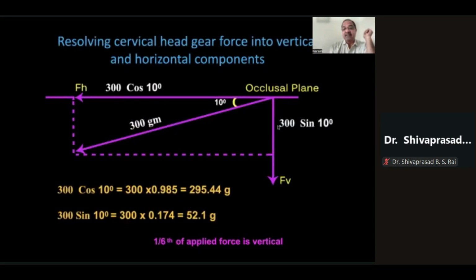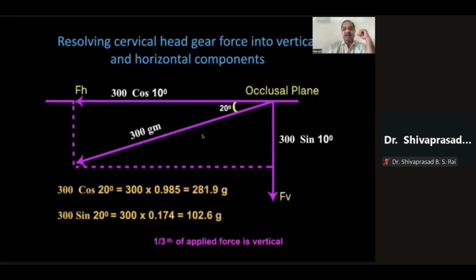In the vertical direction, the formula is F sin theta, so it is 300 sin 10 degrees, and you will have 52 grams of force generated in the vertical direction. That is how you calculate the amount of force generated by a headgear, in the vertical and horizontal planes separately.